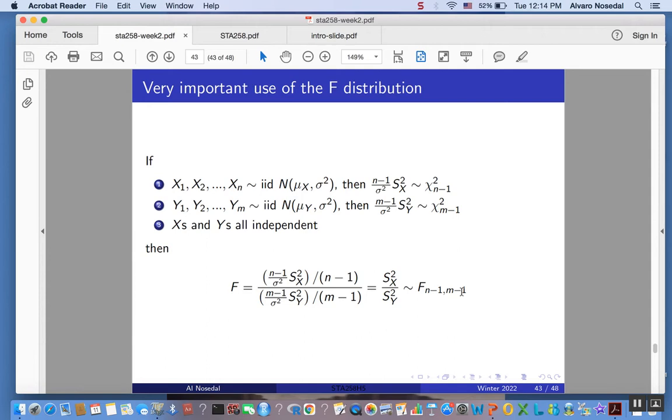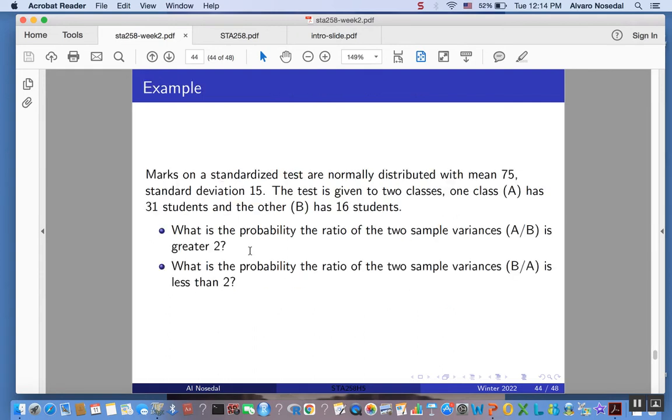Make sense? As you can see, that distribution will be useful to say something about variances, just by the very definition. So let's talk about that example. We're going to be doing this first part. You can take a look at the second part on your own, but it is going to be very similar, and the solutions are there in our lecture notes.